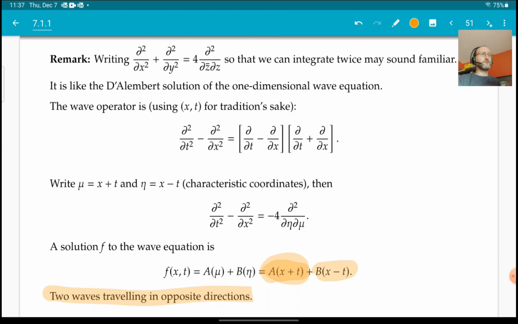But you could do sound waves in a long thin tube, if I talk into it, or maybe with two cans and a string between them. Then we're doing precisely the one-dimensional wave equation.